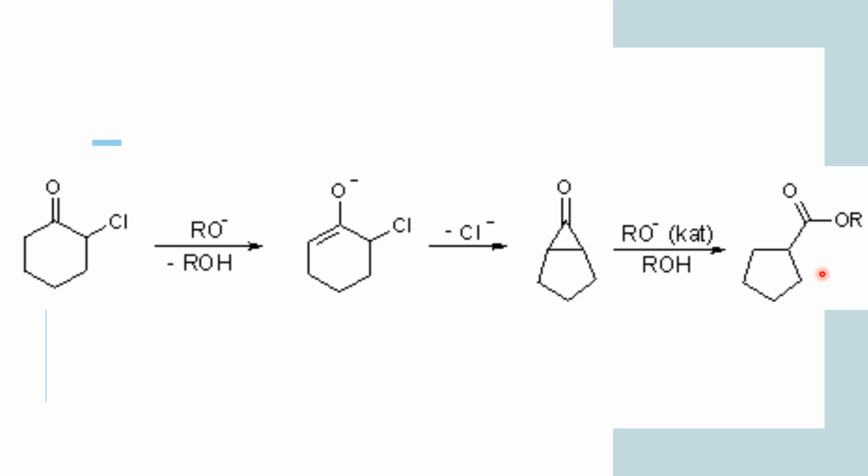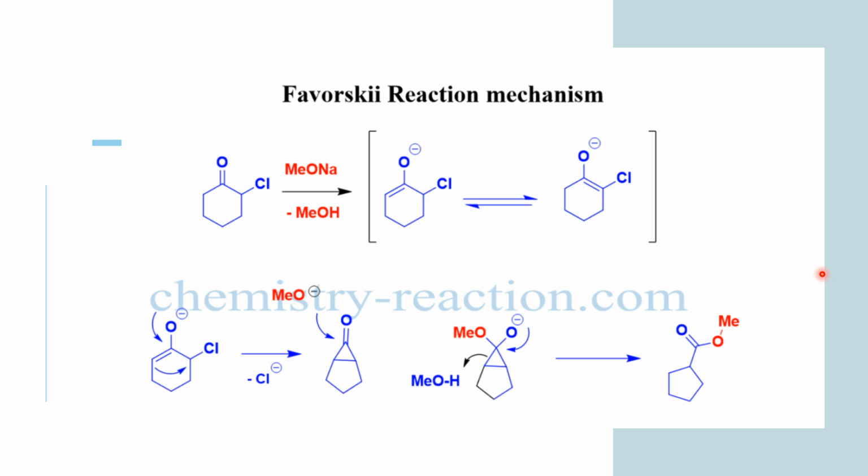Okay, if you recall the name reactions taught in the video lectures, you must find it familiar, because this reaction is following the Favorskii reaction mechanism. Let us see how the Favorskii reaction mechanism takes place.